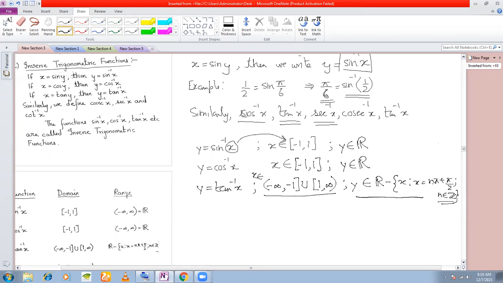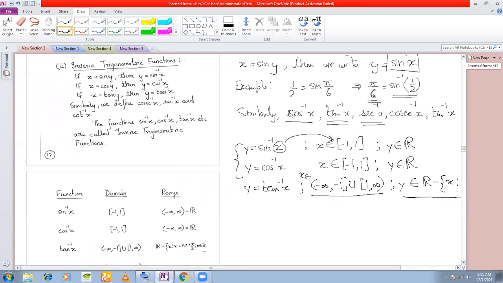That is, you can put n is equal to 0, you can put n is equal to minus 1, you can put n is equal to minus 2, you can put n is equal to plus 2, and so on. You will get infinitely many values. Okay. So except those values, it can take any value, tan inverse x. Okay. The main thing is mostly we shall be using these two. Tan inverse x we shall not be using much.